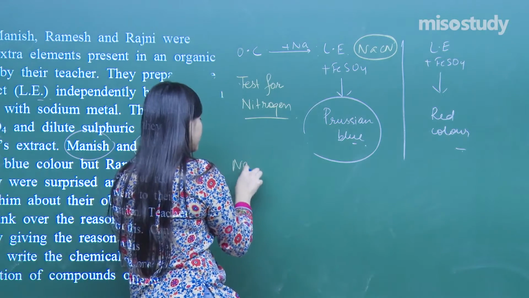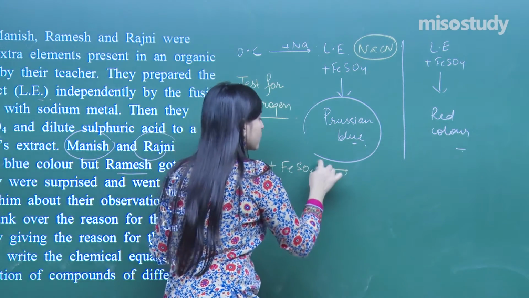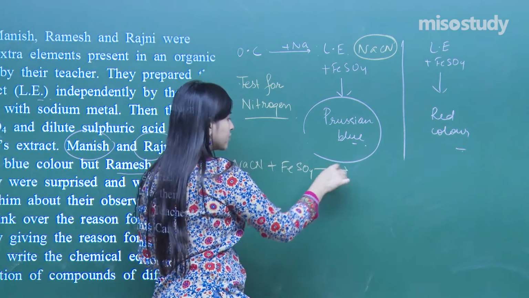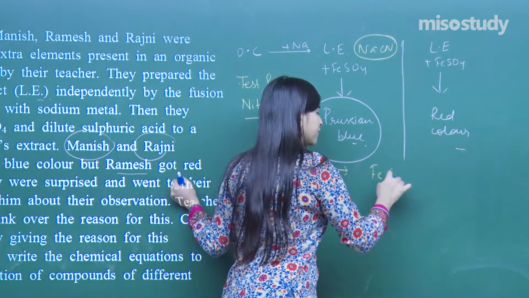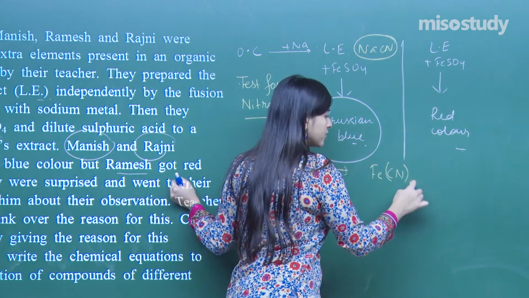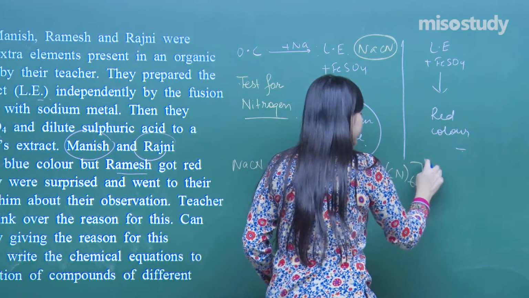So NaCN when reacted with FeSO4 in the presence of conc. H2SO4. Okay, first of all, this is the reaction. What will happen in this case is [Fe(CN)6]4- will be produced.